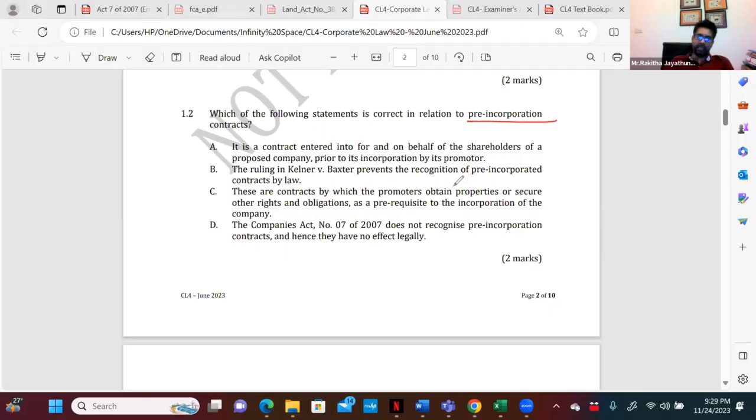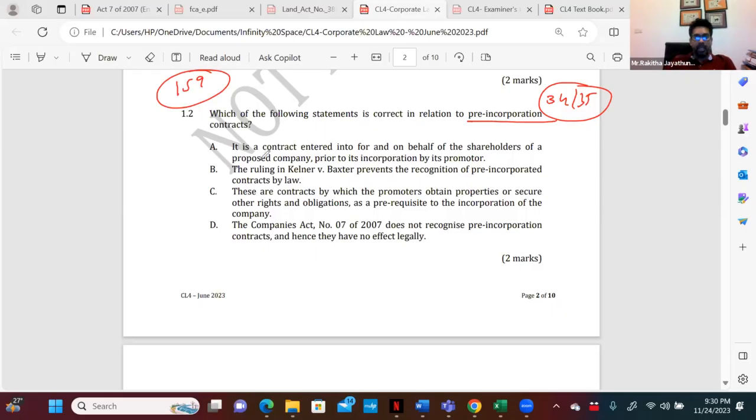The law pertaining to pre-incorporation contracts in Sri Lanka under the Companies Act is significantly different from the Companies Act in the UK, but you don't have to think too much about that. We should only be familiar with the pre-incorporation contracts in Sri Lanka. If you look at the study text, pages 34 and 35, you can find the relevant note on pre-incorporation contracts. By the way, for the previous question about the stock exchange, please look at page number 159 of the textbook for more details.